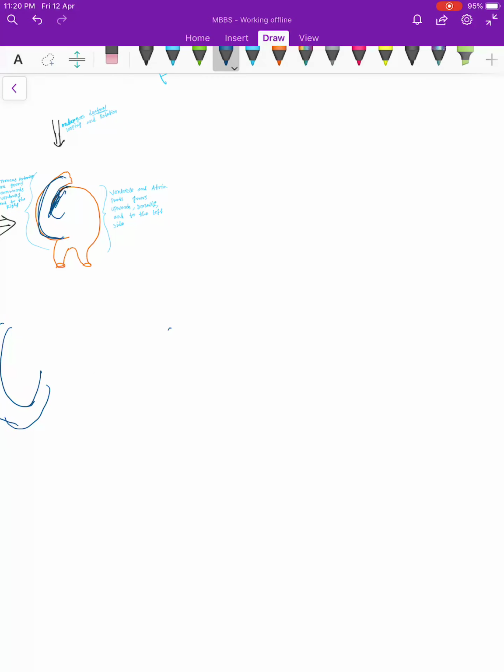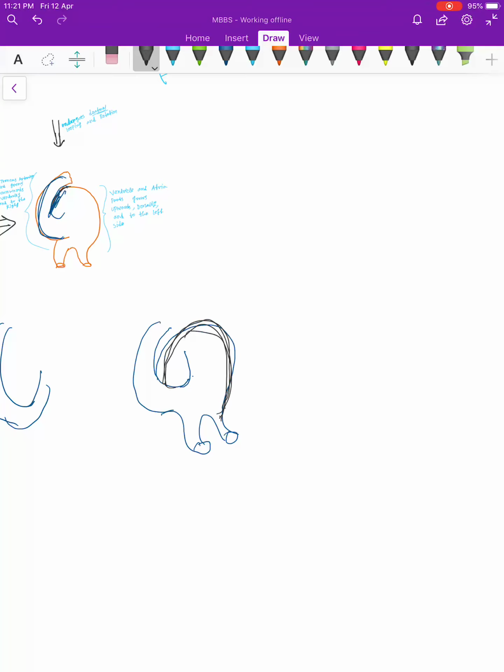So first take the truncus downwards to the right, and this portion will grow upward, dorsally and to the left side.